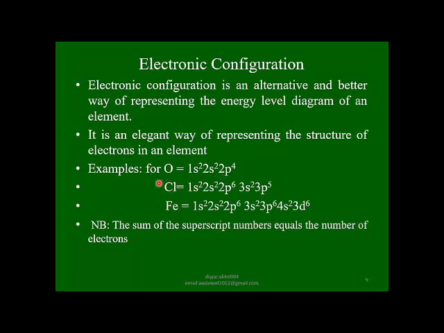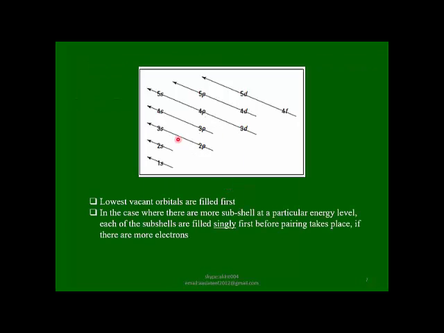Chlorine has 17 electrons. 1s as usual, 2 electrons, 2s as usual 2 electrons. So after filling 4, we still have 13 more electrons. So we can just put 6 here because p can contain 6. After 2p, we can go to 3s. We should not forget that s contains 2.